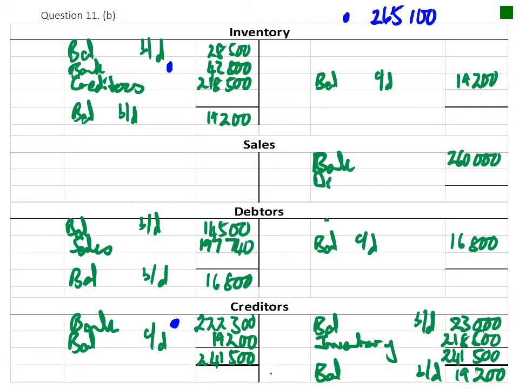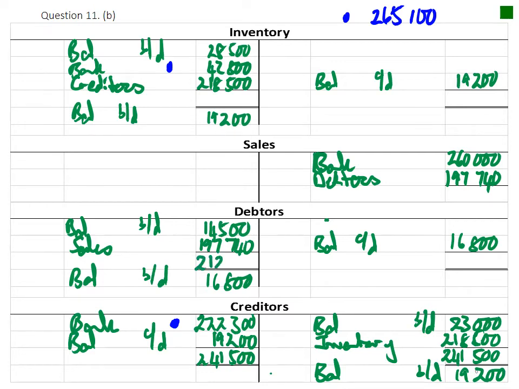And here we're going to write debtors in the sales account, 197,740. So that means we can now see that our debtors owed us 14.5, plus we've now sold to them on credit 197,740.